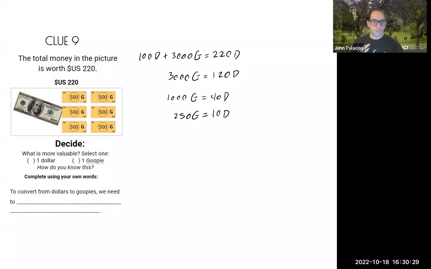And oh, look, we see factors of 10 on both sides. We have 25 goopies is equal to $1. So every dollar is worth 25 goopies. What an interesting name. So which is more valuable? $1 or 1 goopie? $1 is more valuable since it's worth 25 goopies.